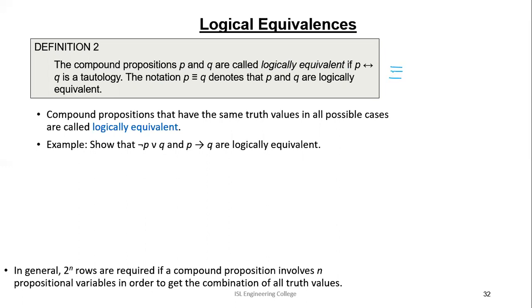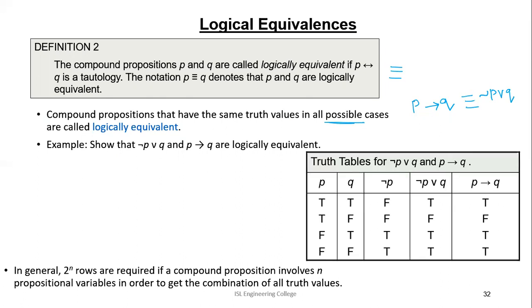In simple terms, if you have two compound propositions, suppose we have P implies Q and we have negation P or Q, and both of them have the same truth values, then they can be given as logically equivalent. Now let's look at the examples. Compound propositions that have the same truth values in all possible cases are called logically equivalent. So this is the example, the same compound propositions that I have taken over here.